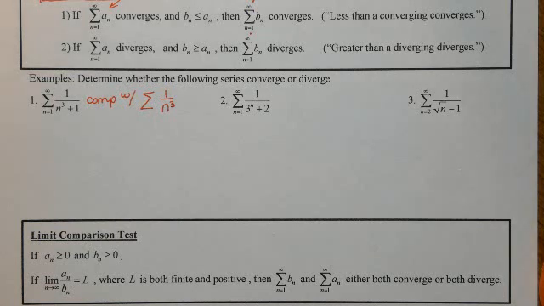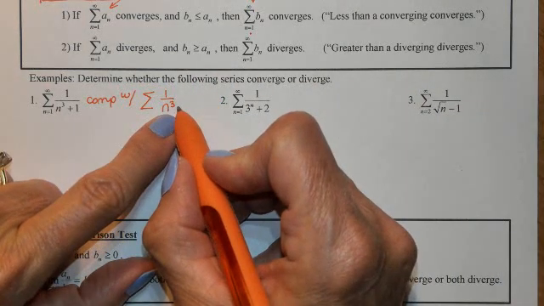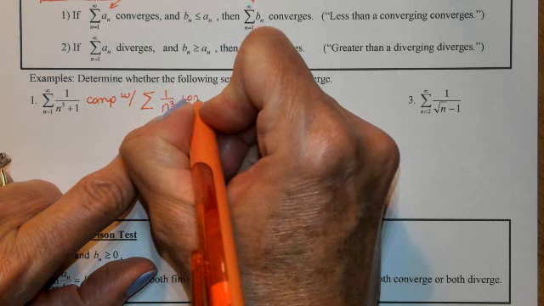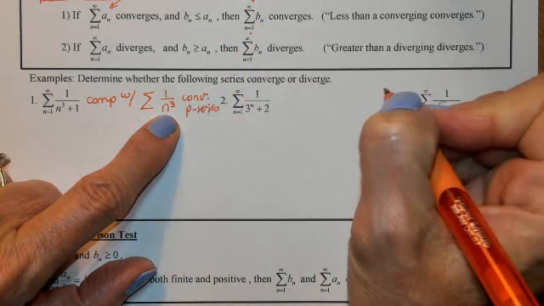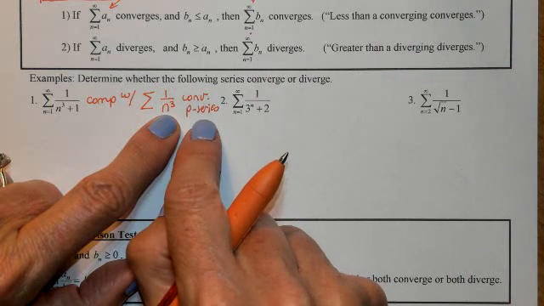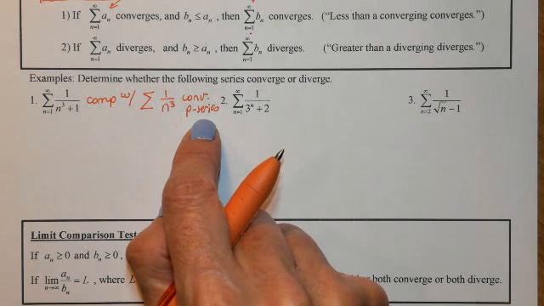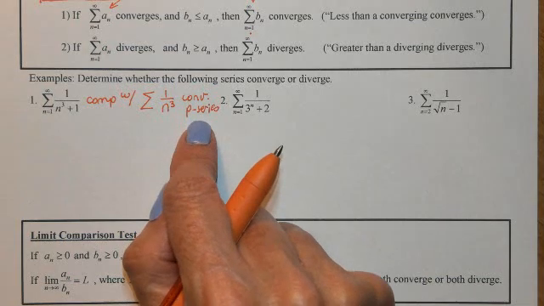So I'm comparing it with 1 over n cubed. This is a converging p-series. I need you to tell me that it converges and why. You don't have to do anything else, but just tell me it converges and it's a p-series.